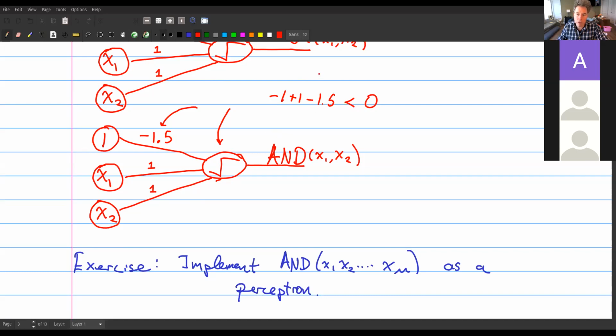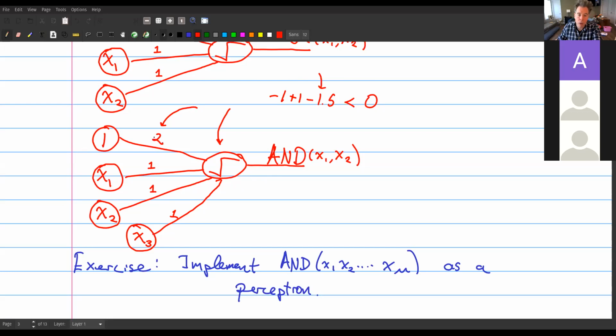So this 1.5 value actually is specific to just having 2 inputs because with 2 inputs you can go as high as 2, and 2 is the only thing that will overcome the minus 1.5 and make it be positive. So if I were to put in a third one here, then I would have to change the 1.5 to what? 2.5.